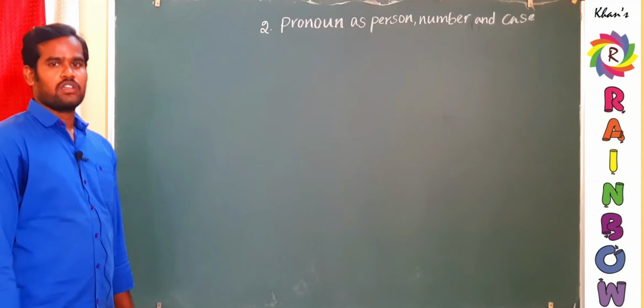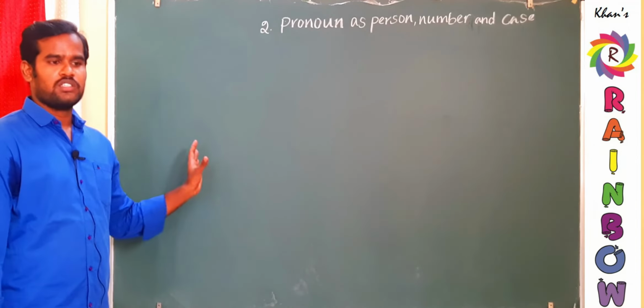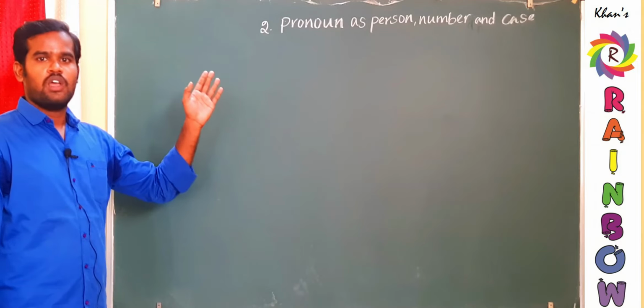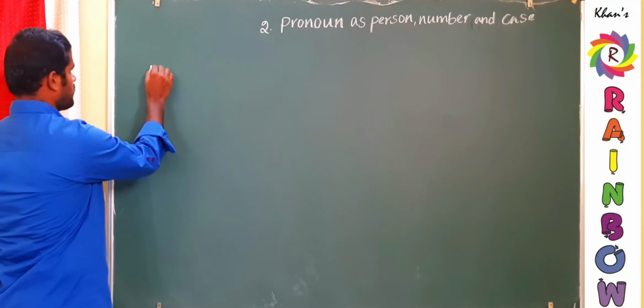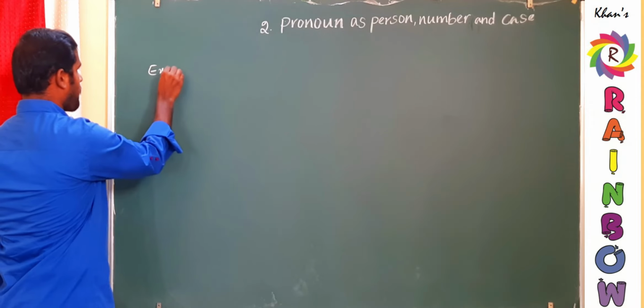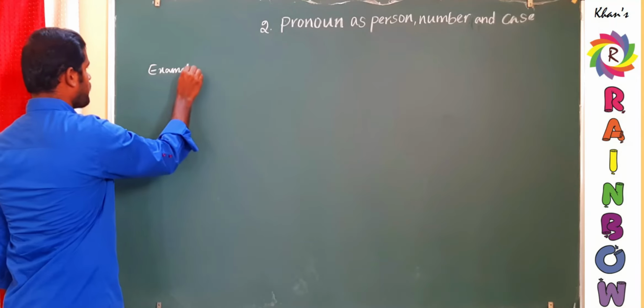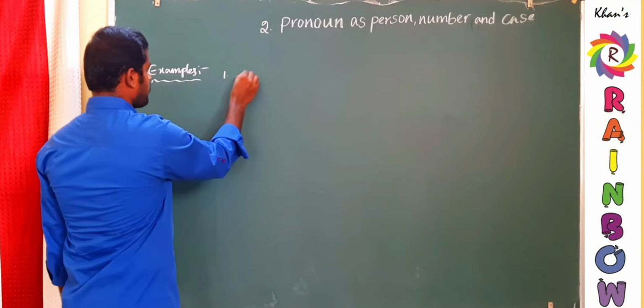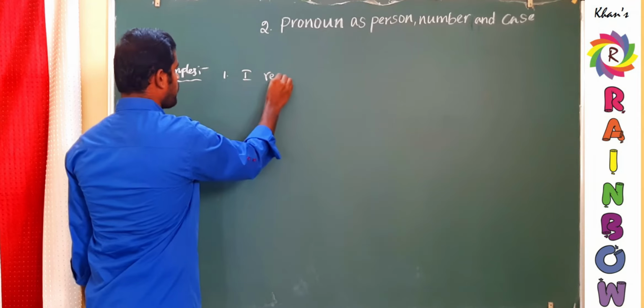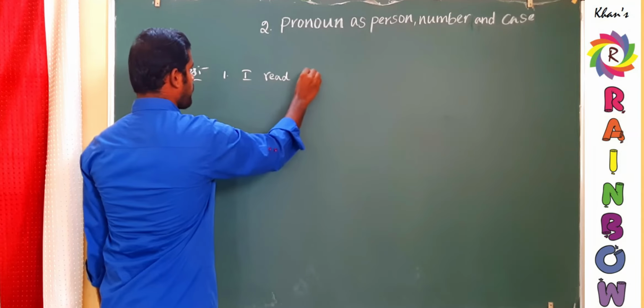Now let us look at some examples to understand these three cases better: subjective case, possessive case, and objective case. So first I am writing some examples. First one, I read English.